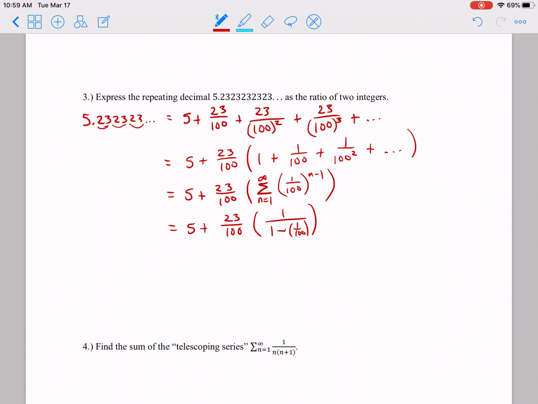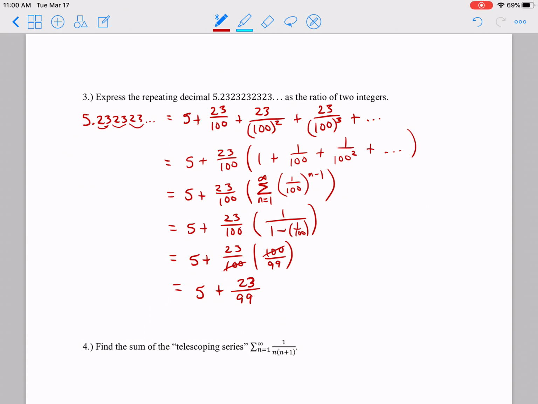And so this becomes 5 plus 23 over 100 times 1 over 99 over 100. We're dividing by 99 over 100, so I'm multiplying by the reciprocal, which is just going to be 100 over 99, and this equals 5 plus, and here we've got the hundreds canceling out, and we end up with 23 over 99.